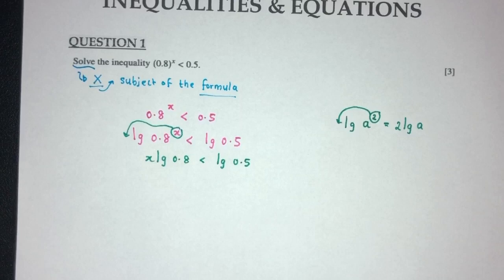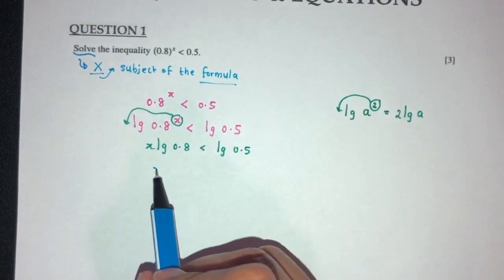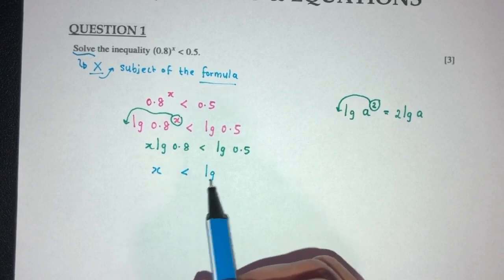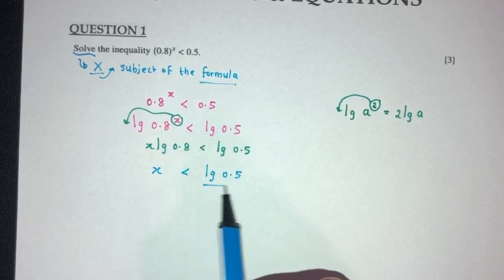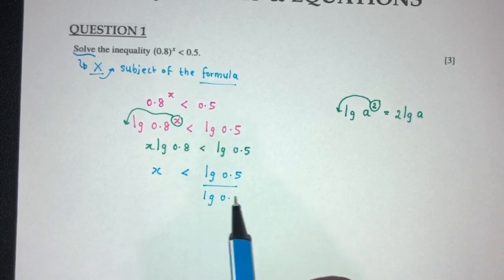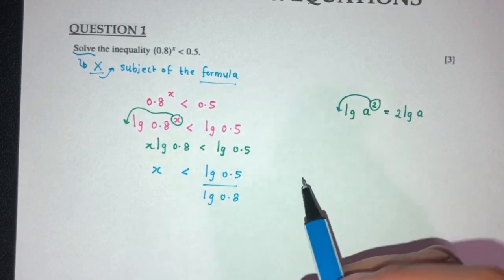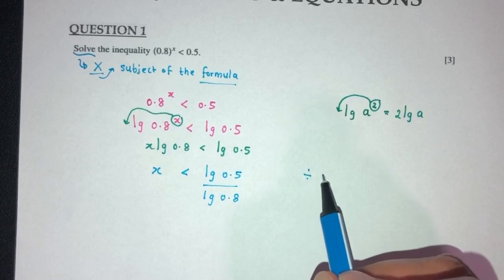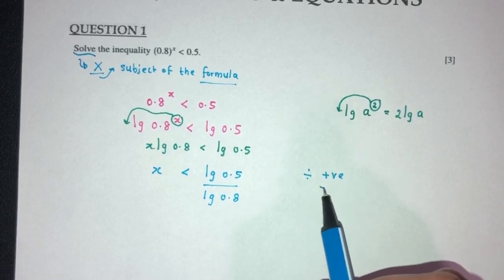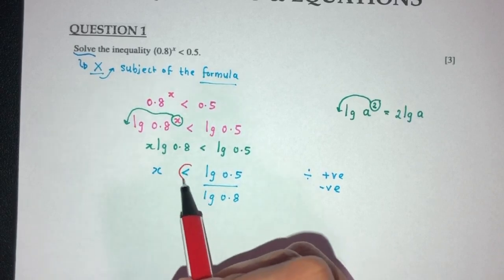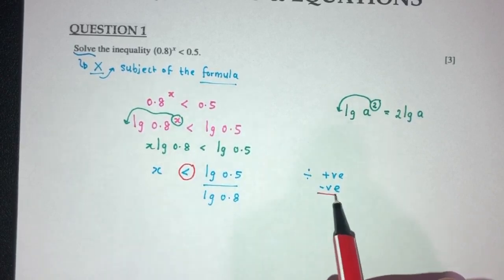Alright, cool. Now to find the value of x, we have to divide by this one. Now something we have to realize, when we're dealing with inequality, is that it depends if you divide by a positive value or a negative value. So these are important because the direction will change if you divide by something negative.